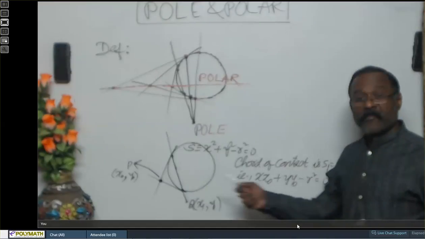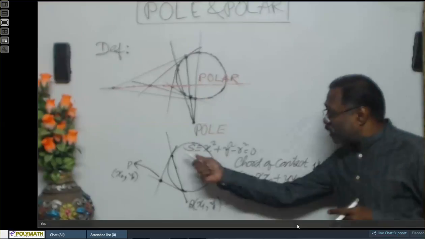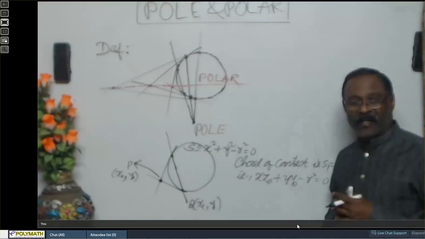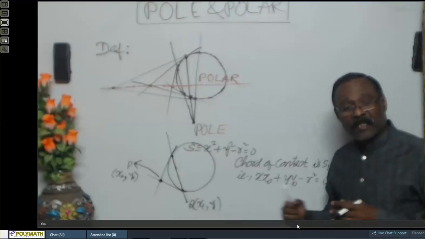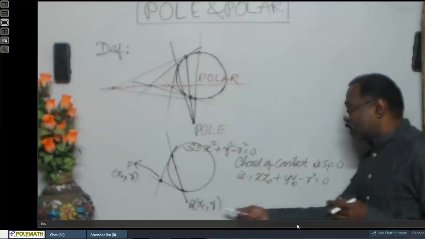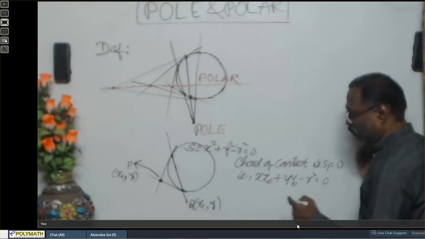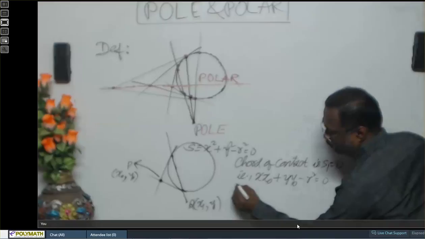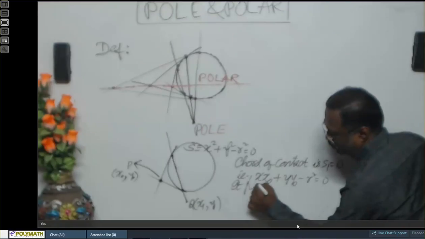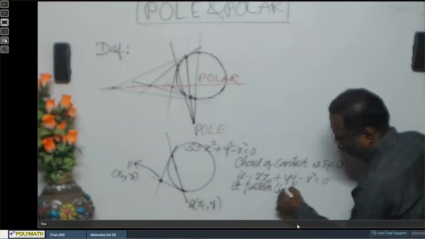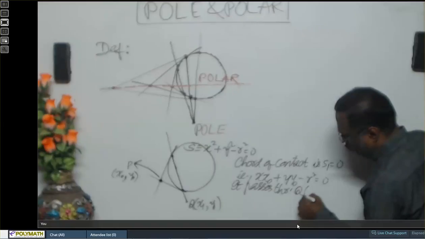But how will this chord be? It always passes through a fixed point. What is the fixed point here? x1, y1. Therefore, this point Q must satisfy this equation. It passes through Q (x1, y1).